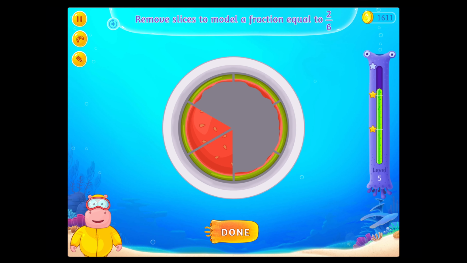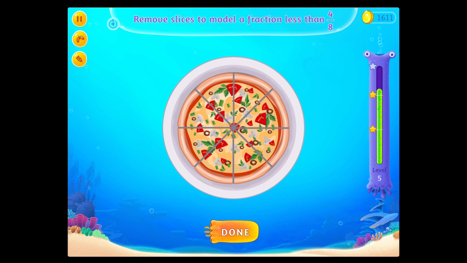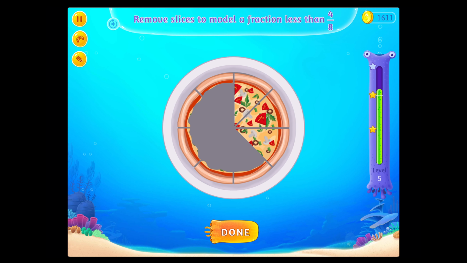That's right! Remove slices to model a fraction less than 4/8. You rock!